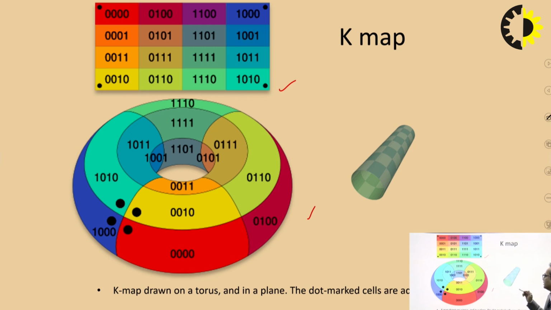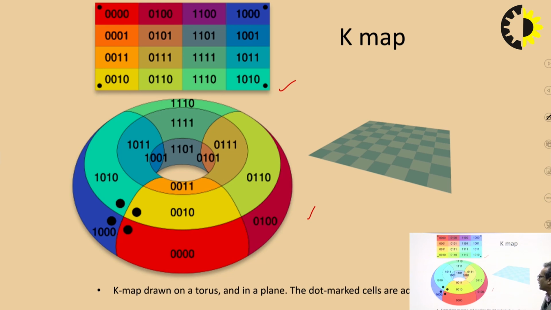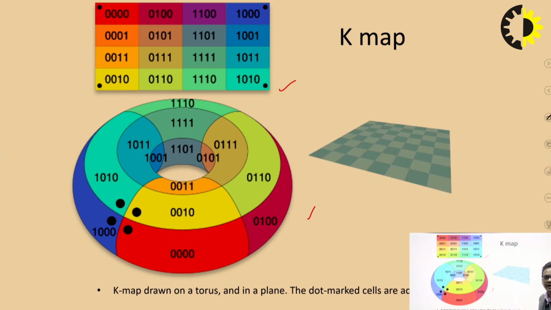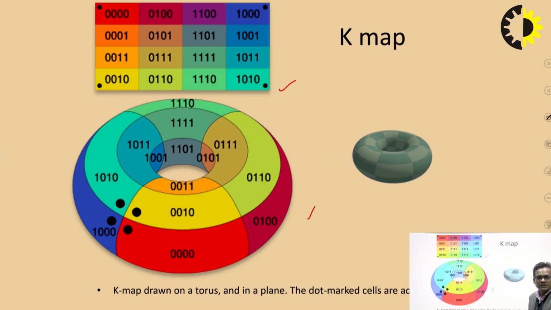You can say the 2D is folded, and then again the pipe is connected with a round circle or pipe. This shows how the grouping is done, or how the adjacency is found for the given cells. I hope all of you have understood the structure of the K-map, how it is designed and created.